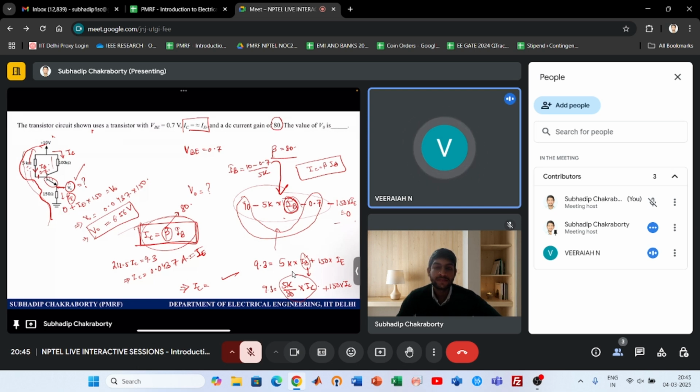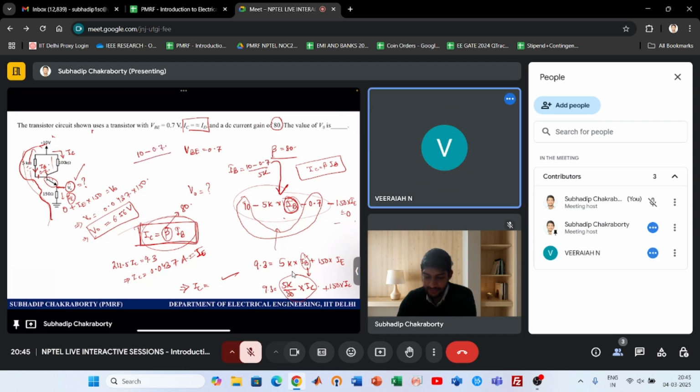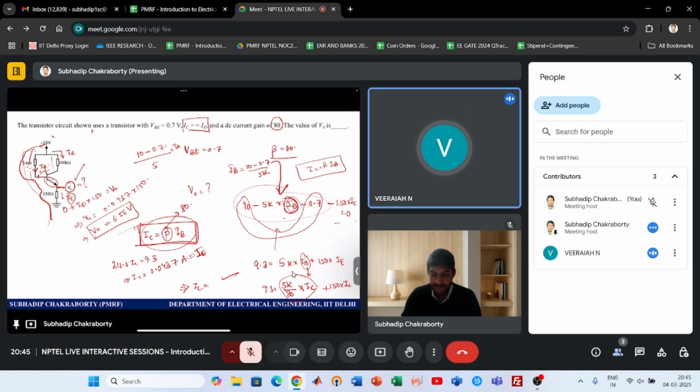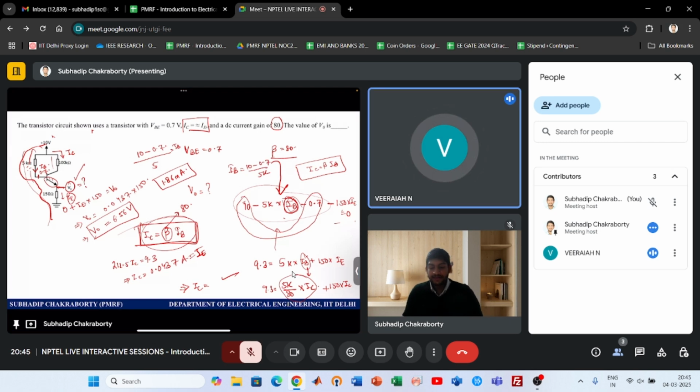Why do we go for this KVL? 10 minus 0.7 by 5K, 1.86 milliamps, sir, IB. So 1.86 milliamps you got, right? Yes, sir. Now from the given data, beta value is 80, sir.